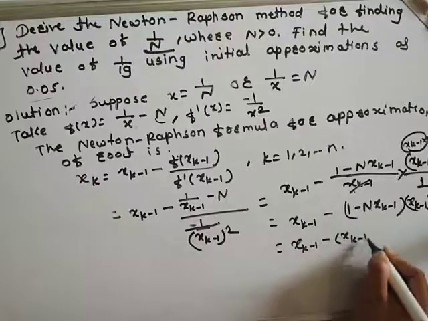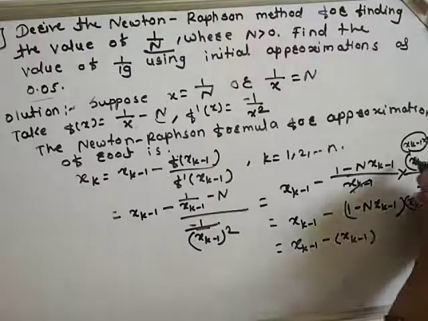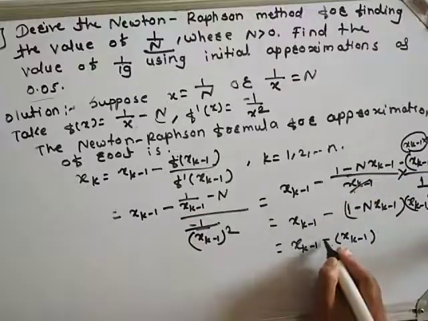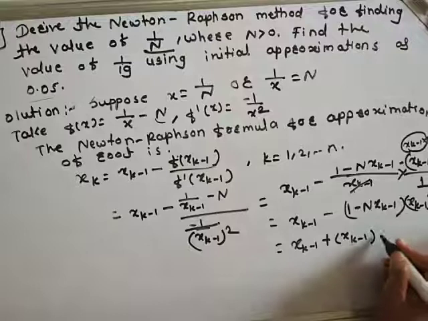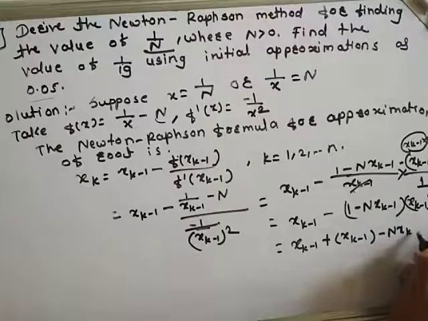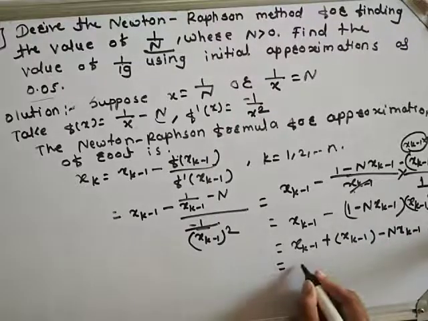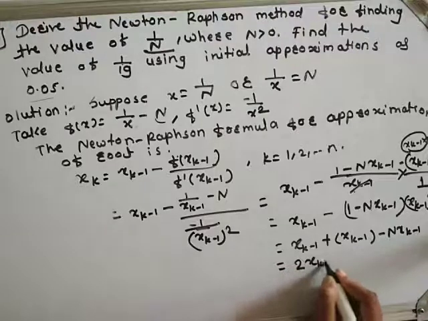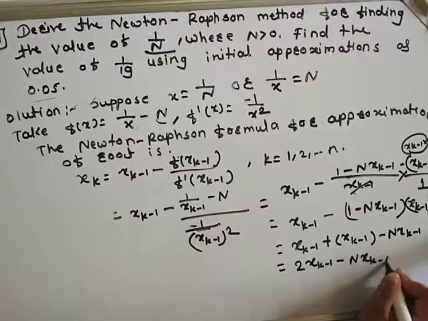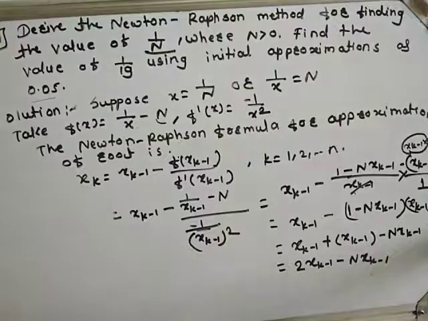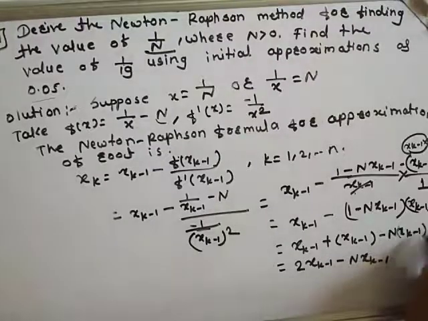It is minus, therefore minus minus become plus, which is equal to 2xk minus 1 minus n into xk minus 1 square.